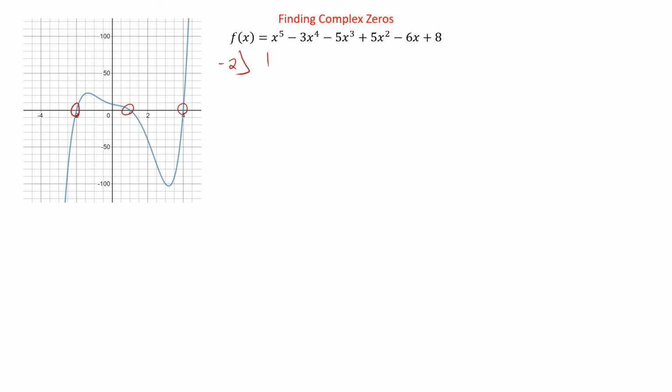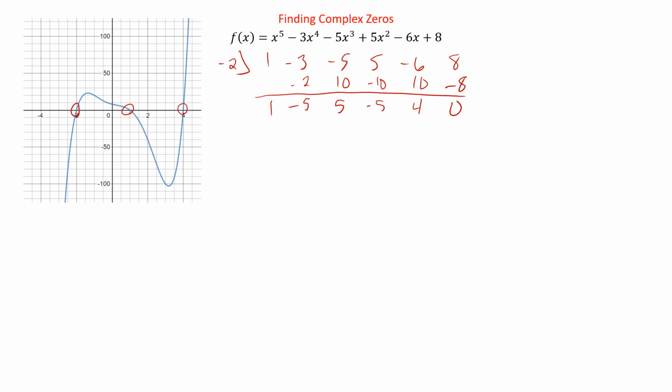And then we have 1x to the fifth minus 3x to the fourth minus 5x cubed plus 5x squared minus 6x plus 8. Going to bring it down. Multiply, get negative 2, add is negative 5, multiply is going to be 10, add is 5, multiply is negative 10, add is negative 5, multiply is 10, add is 4, multiply is negative 8, add is 0.